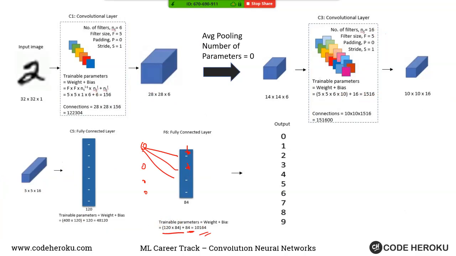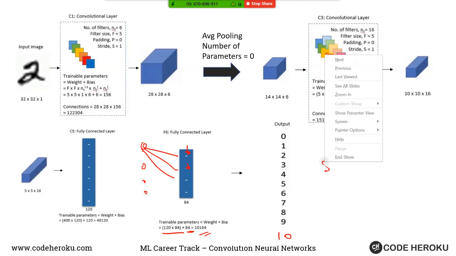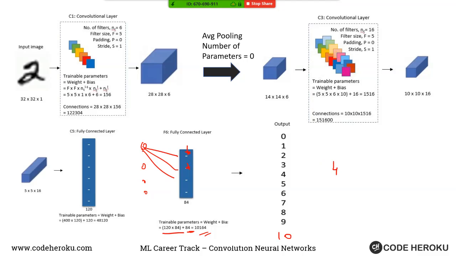And that is passed through the output softmax layer, which has 10 output terms. In the last layer you have 84 times 10 outputs plus 10, because each of these will also have some bias associated with it.